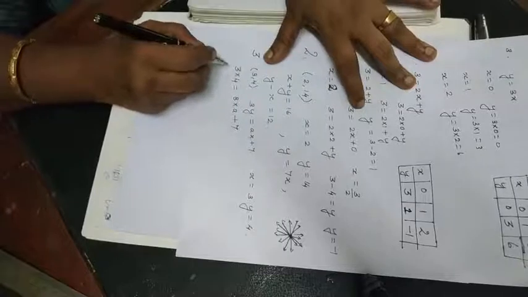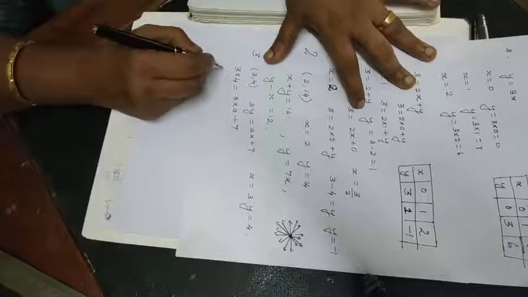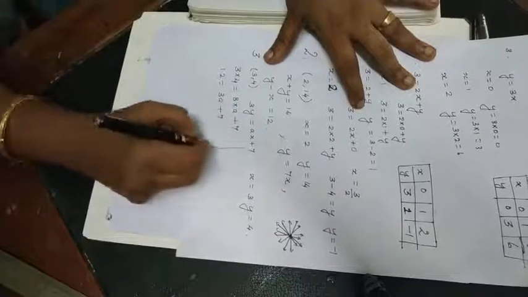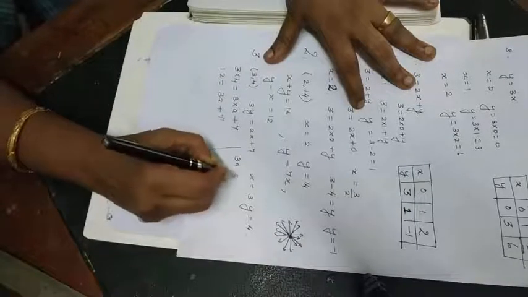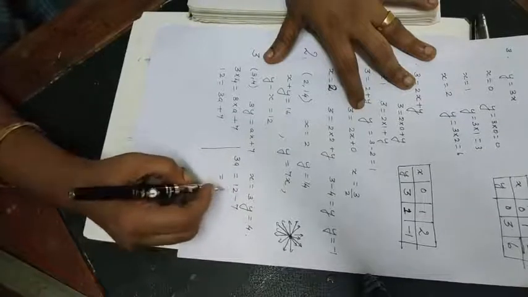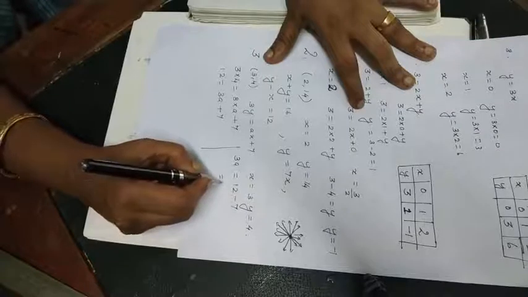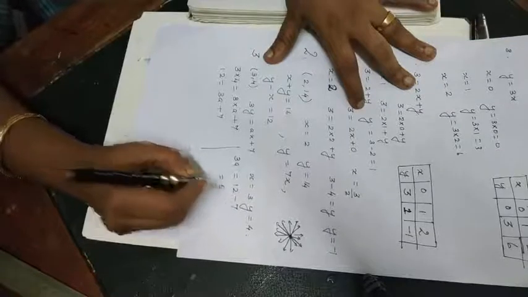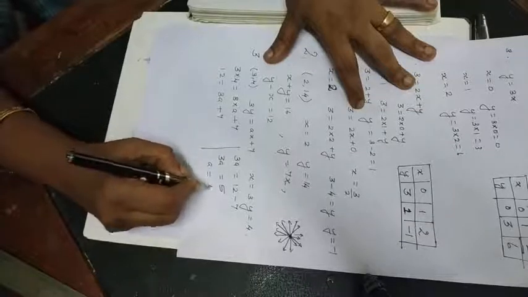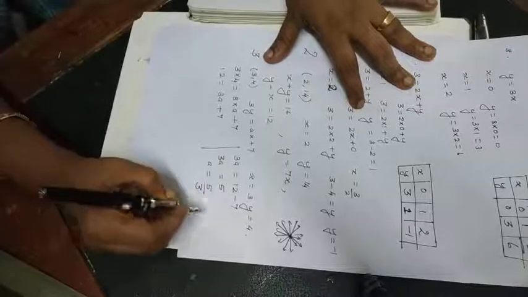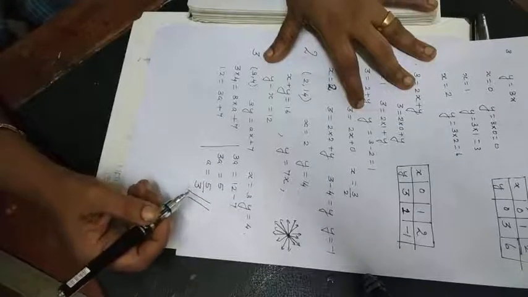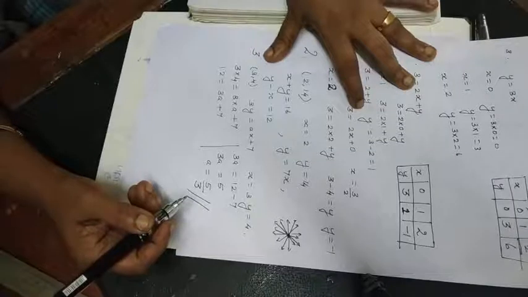So 3 fours are 12. 12 is equal to 3a plus 7, or 3a will be equal to 12 minus 7. 12 minus 7, that is equal to 5. So 3a is equal to 5, or a is equal to 5 by 3. So what is the value of a? That is equal to 5 by 3. What you say?